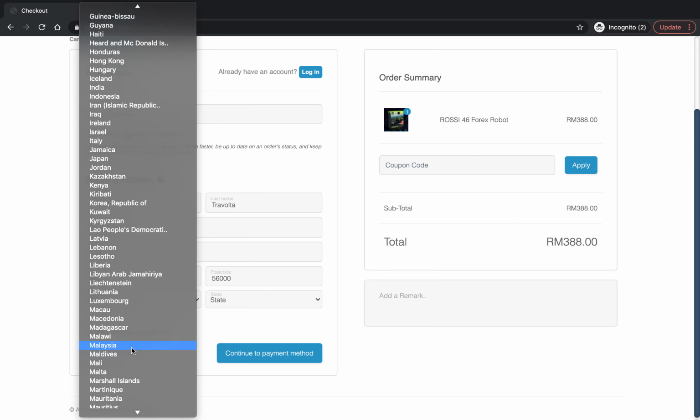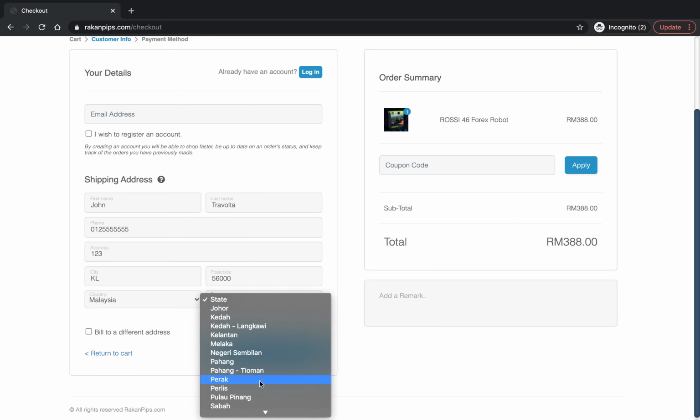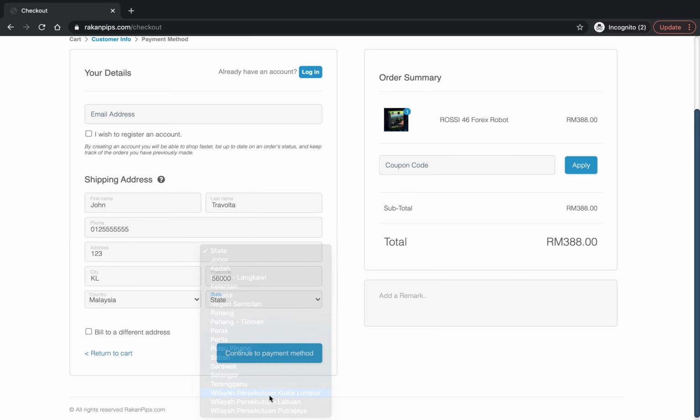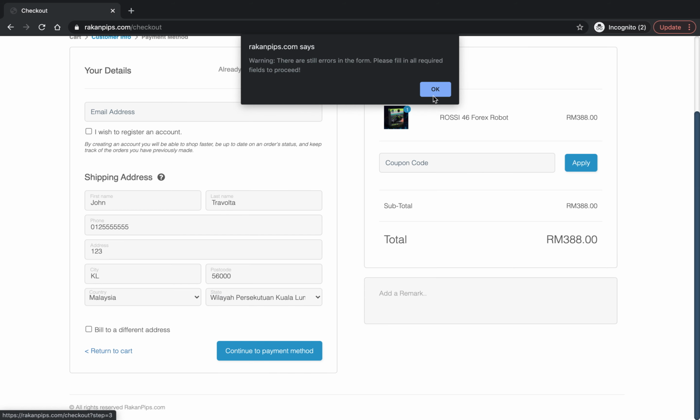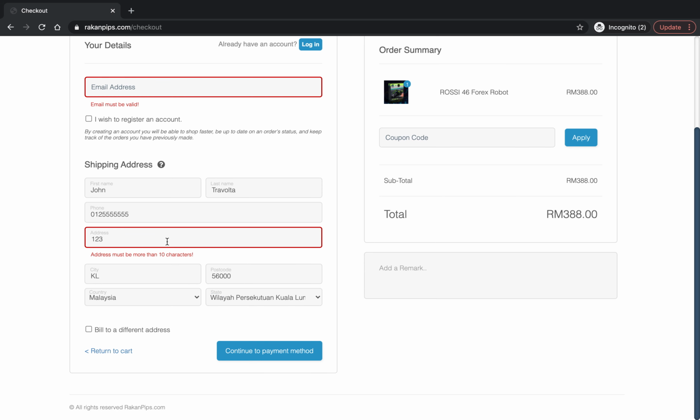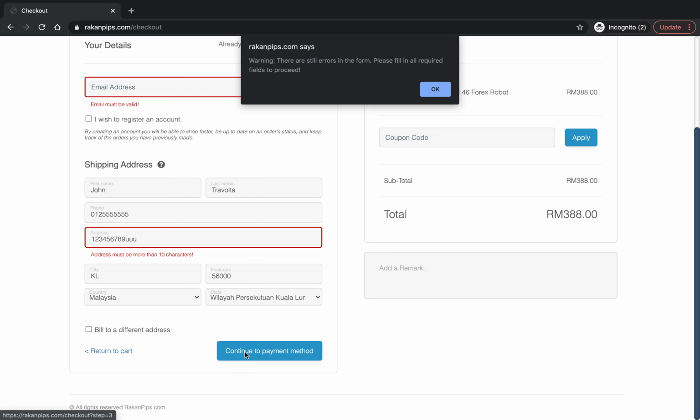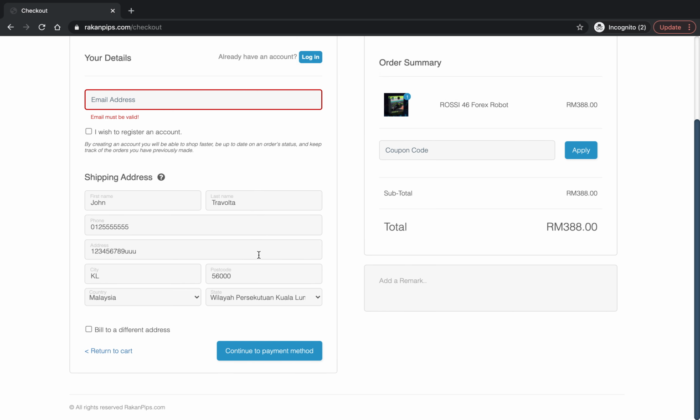Choose your country and your state, and just continue. Okay, continue. Still errors.